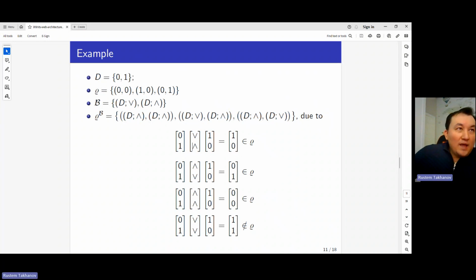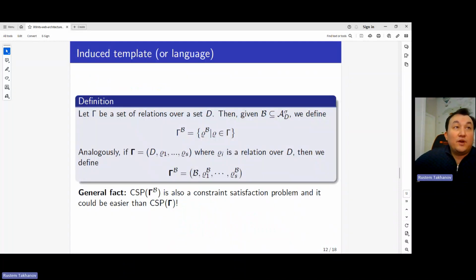So why is this construction interesting? The reason is that for any such fixed collection of algebras, since it induces rho superscript B for any rho, then for any constraint language, meaning any set of relations over D, all relations induce rho superscript B, and this defines a constraint language over B. So if gamma is a constraint language over D, then gamma superscript B is a constraint language over the collection of algebras B. And analogously, if gamma is a relational structure, a fixed template over D, then gamma superscript B, which consists of the domain B together with relations rho1 superscript B, ..., rho S superscript B, will be a relational structure over B. And since it is also a relational structure, why not consider the constraint satisfaction problem with that new relational structure, gamma superscript B?